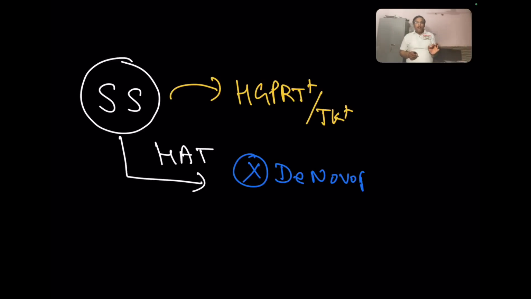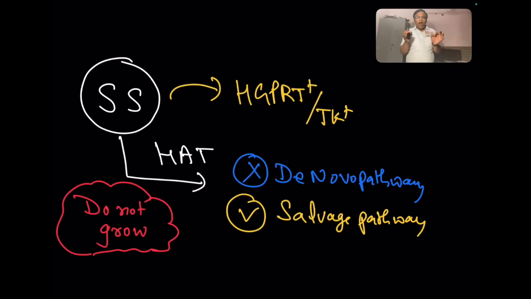Now in the case where you have fusion of two spleen cells, if two normal spleen cells fuse, both of the cells have the genotype HGPRT plus, TK plus, meaning the fused cells have the enzymes hypoxanthine guanine phosphoribosyl transferase and thymidine kinase.